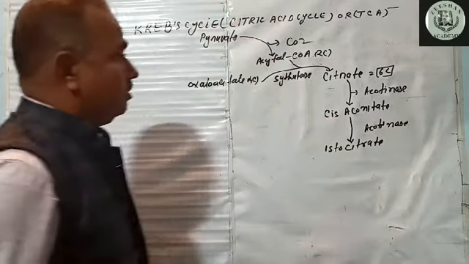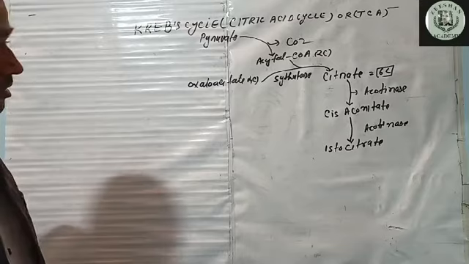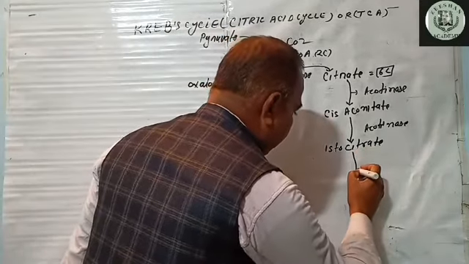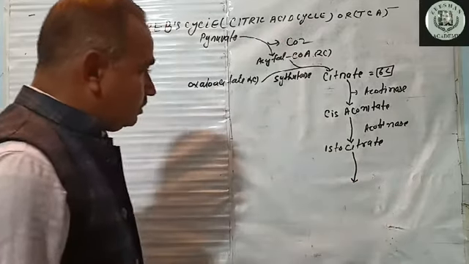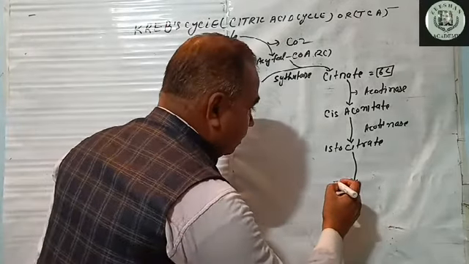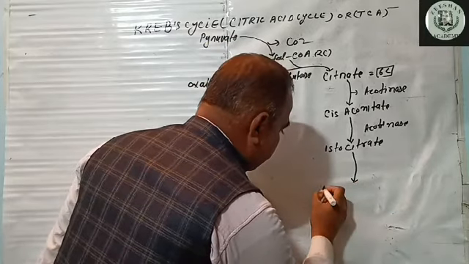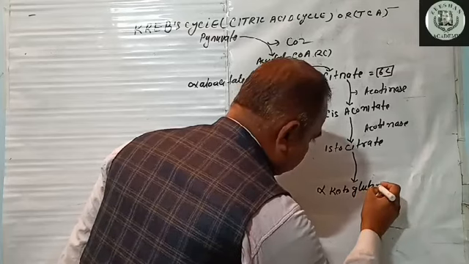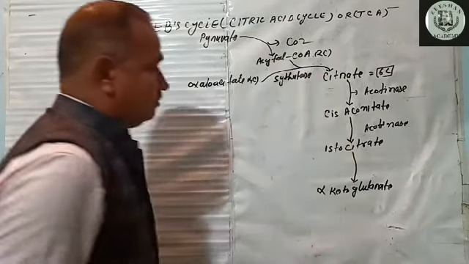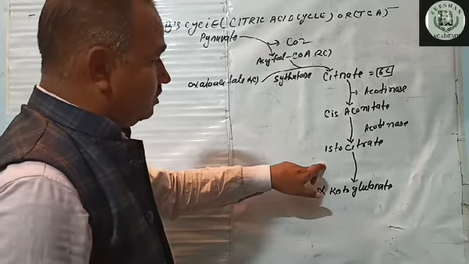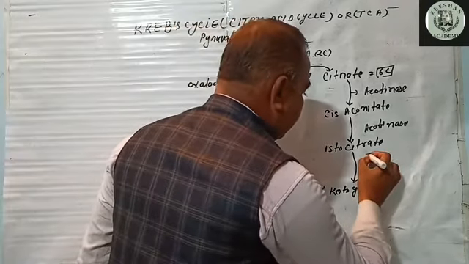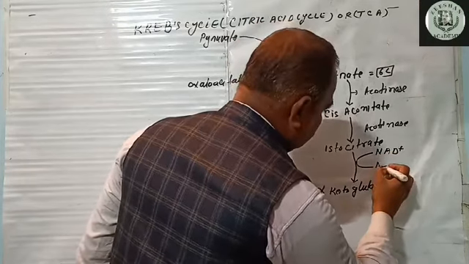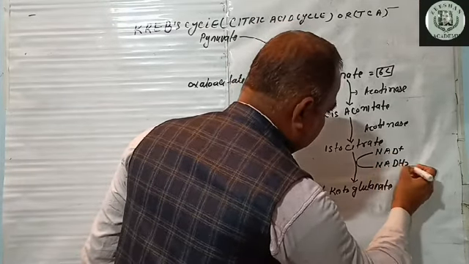aconitase enzyme. After that, the third step is catalyzed by an enzyme, and finally 1 mole of alpha ketoglutarate is formed. In this case, 1 mole of NAD is converted into NADH2.